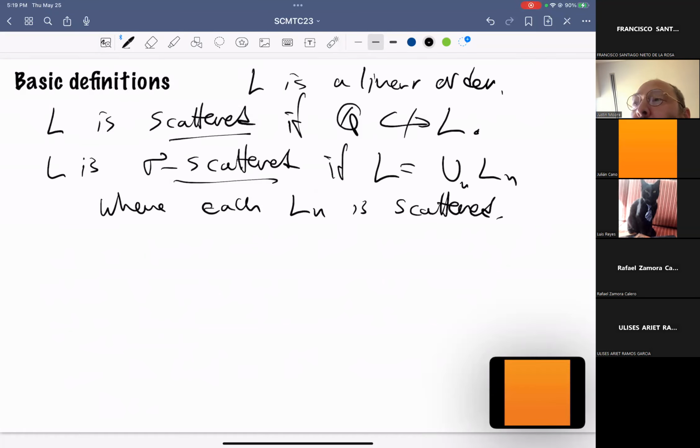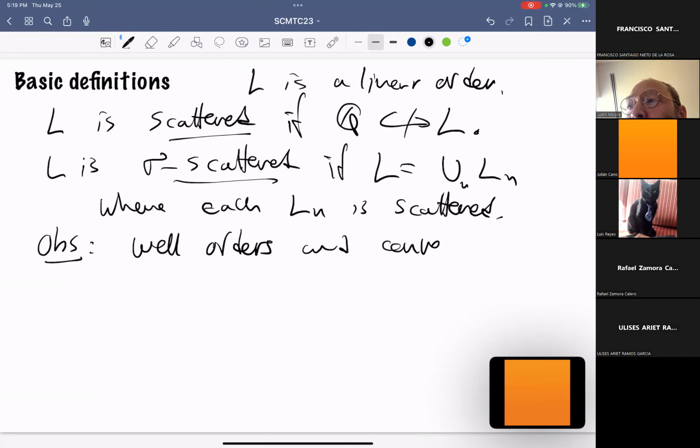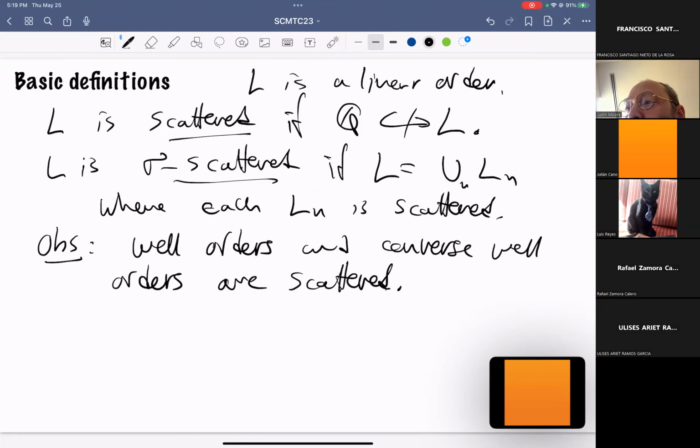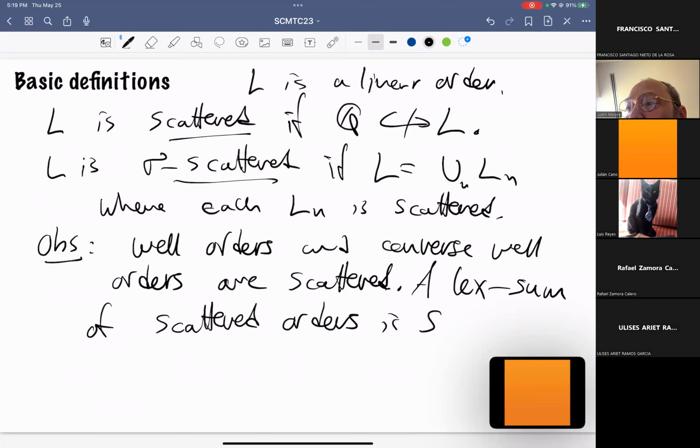Notice that well orders and converse well orders are scattered, and a lexicographic sum of scattered orders is scattered.